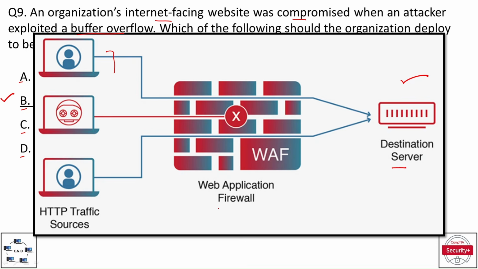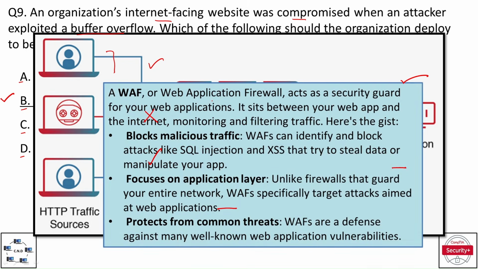And the web application firewall, or WAF, sits between the server and the client so that it filters all the traffic and only allows the legitimate traffic while blocking the unnecessary, malicious, and suspicious web traffic. A web application firewall acts as a security guard for your web applications.